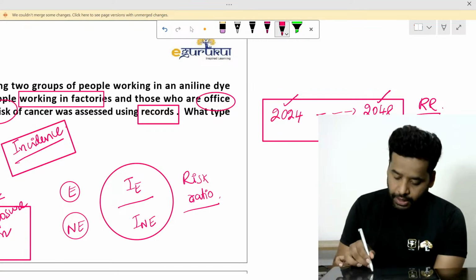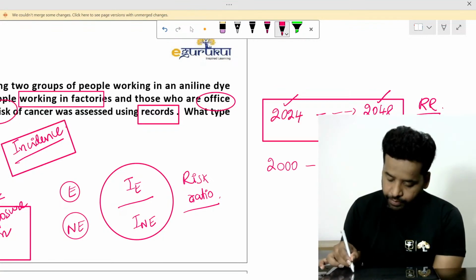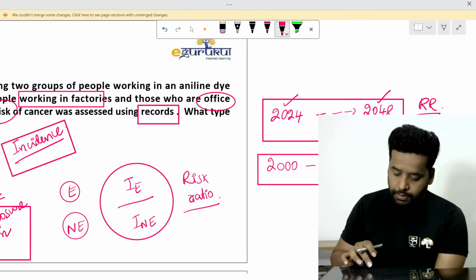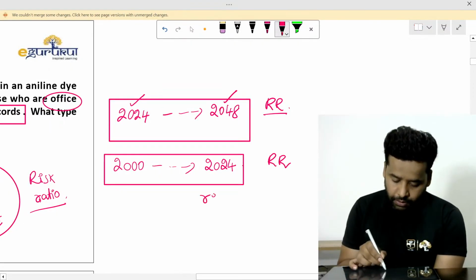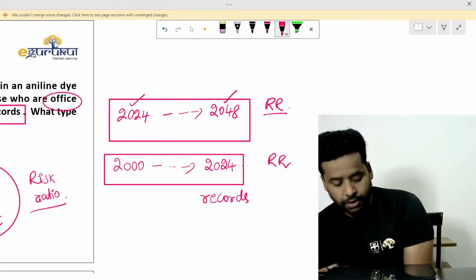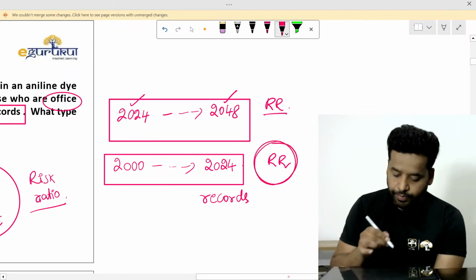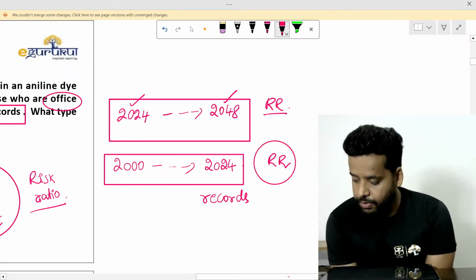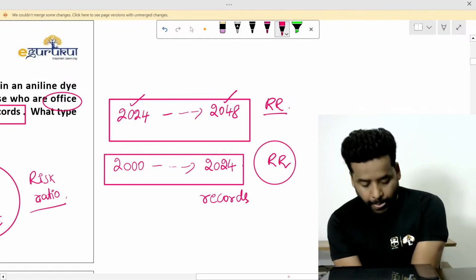If I start from 2000, checking the records, coming to 2024, using existing records, and I'll be calculating risk ratio only, what is this study? Retrospective cohort study. Good.